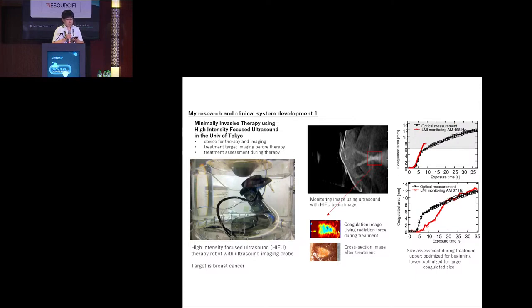In this image, we can show the target and also the therapeutic beam. And in this system, we can detect coagulation after treatment using the stiffness change at the focal point. In this case, imaging is very important for the assessment or control for high accuracy treatment.